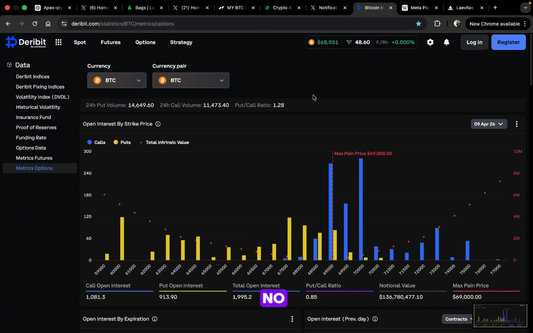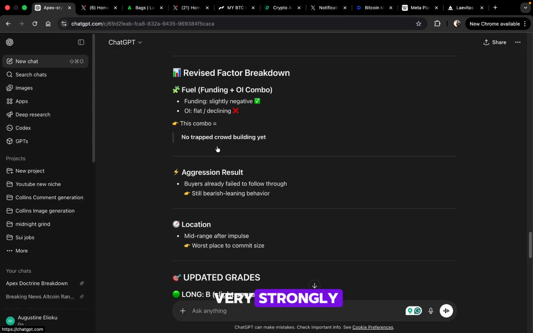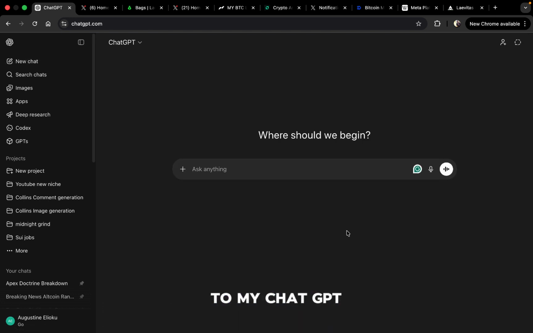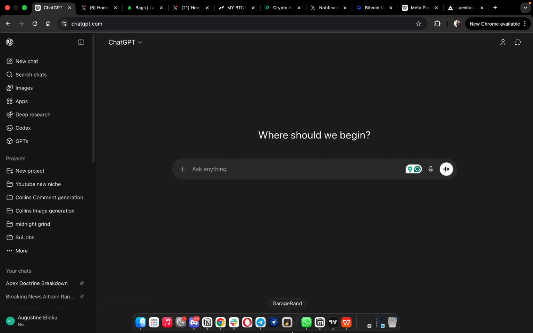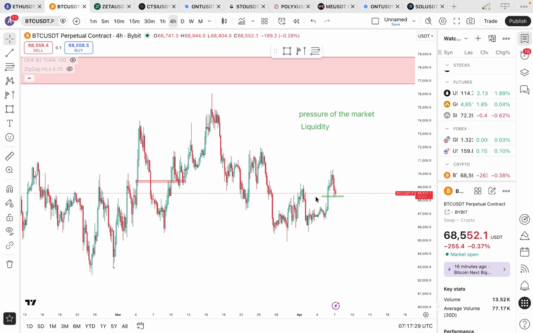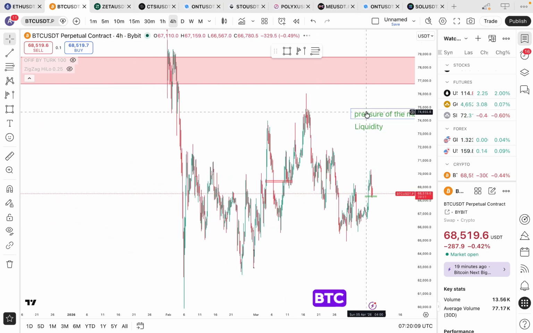Now, you have to take some things in mind. These two things I'm telling you, you need to take them in mind very, very strongly. Now, when I go to my ChatGPT, finally, I have to screenshot the chart of BTC because it is very good.